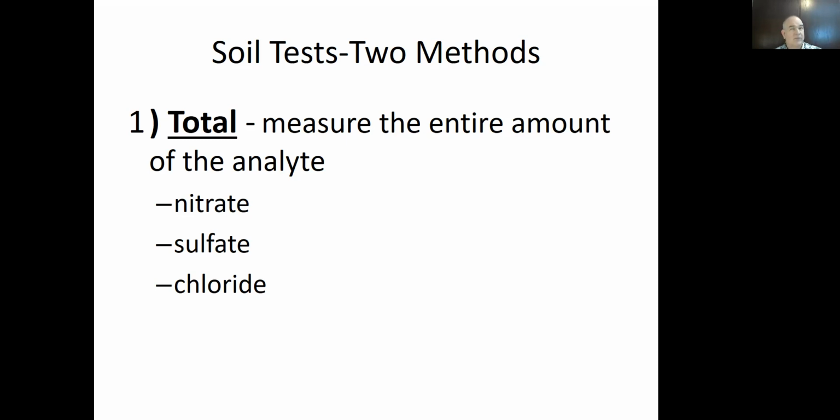I'm not extracting all of the nitrogen because there are other forms of nitrogen, such as nitrogen that's bound up in organic matter. I'm not extracting that per se. Now, same thing with sulfur. I'm interested in extracting sulfur, but there's other sulfur in the organic matter. But when I'm doing my test, I'm interested in extracting all of both of those as well as chloride.